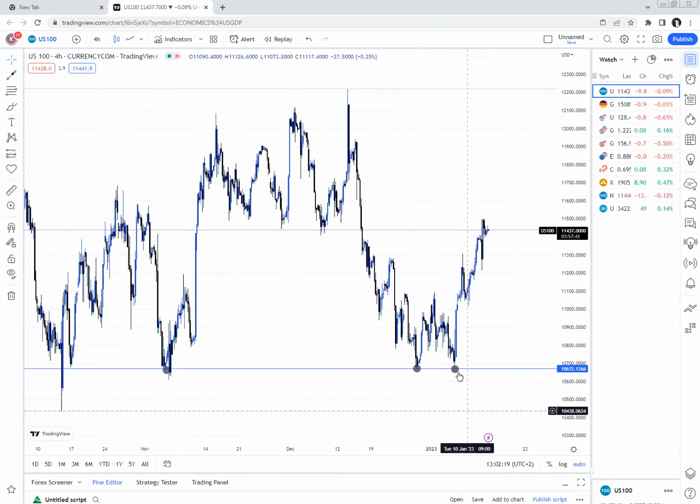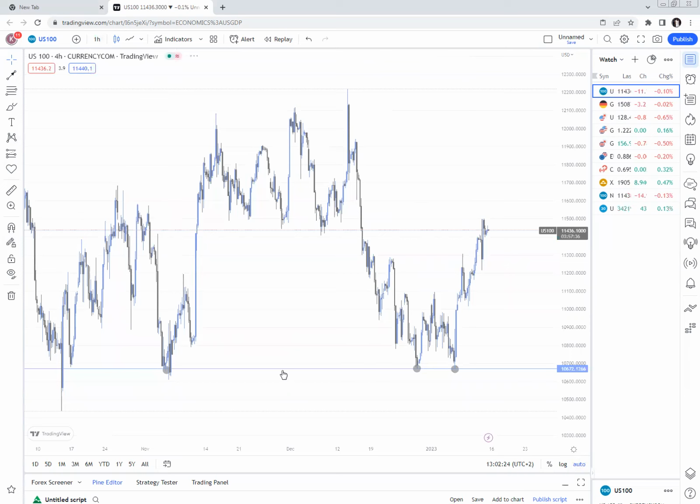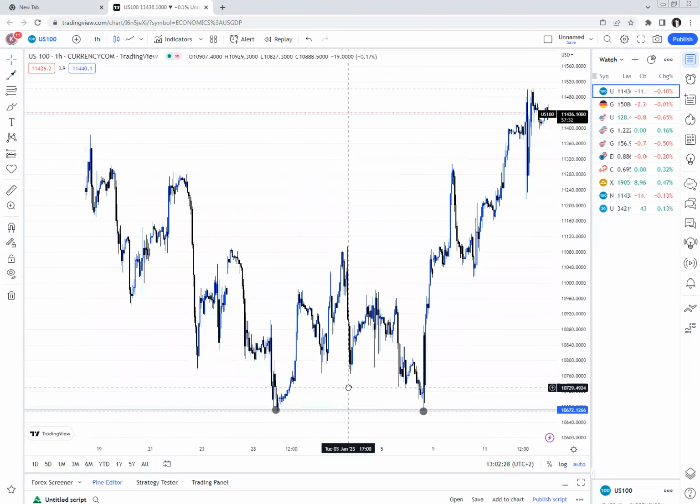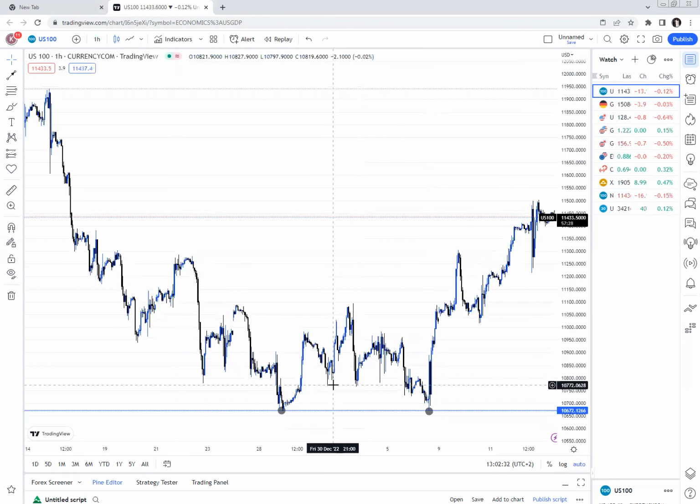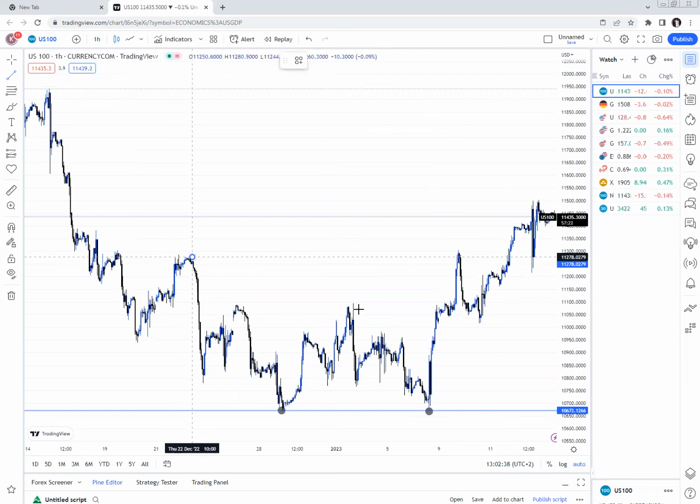After seeing that it's coming back for the third touch, you go to smaller time frames to do more analysis. It doesn't just touch them and then you just execute trades. No. You have to first analyze, understand, get the direction and see what's happening exactly.